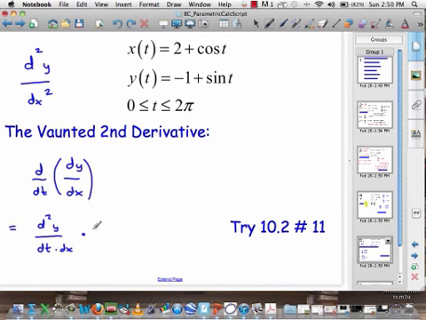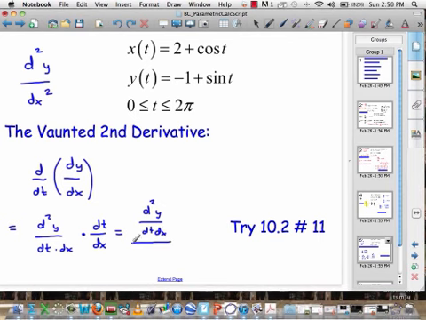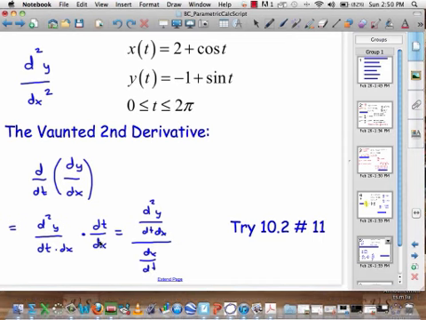So you would get that by multiplying this by dt over dx, or written another way, you would do d squared y over dt dx, divided by dx dt, which you can calculate. That will give you the calculation you're looking for.